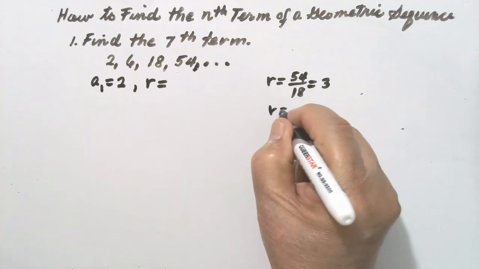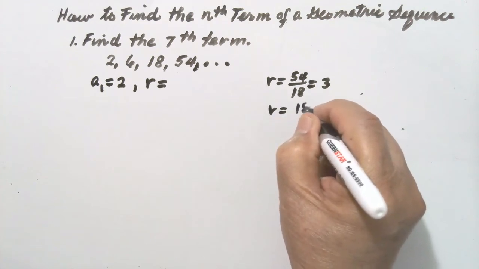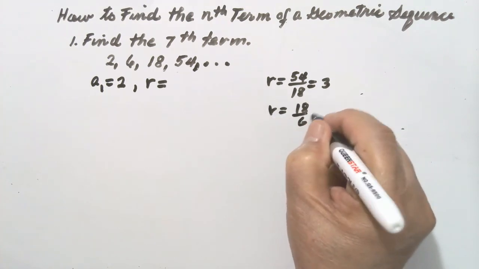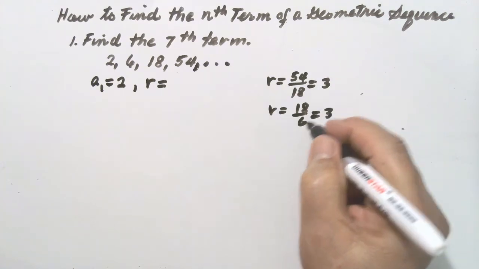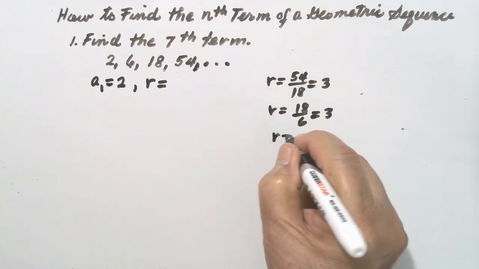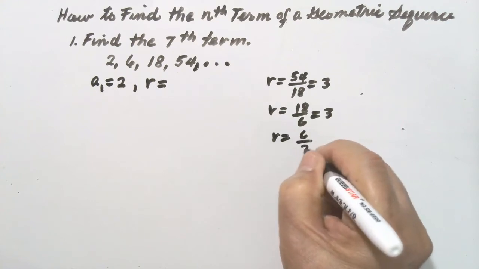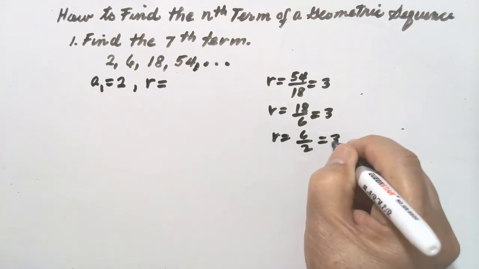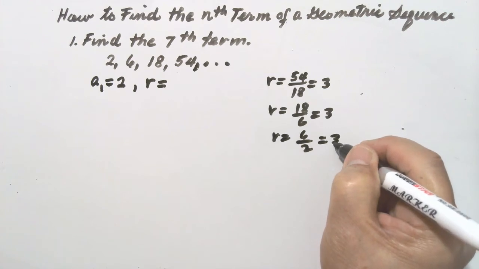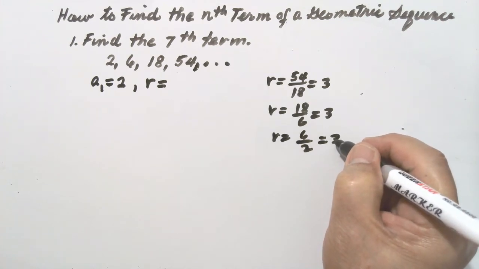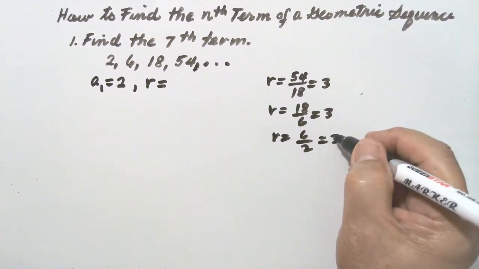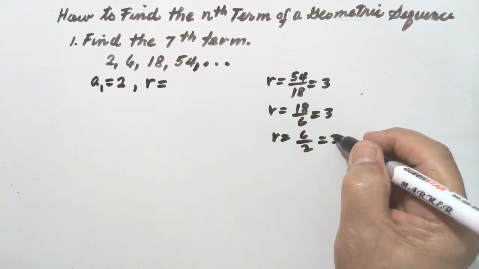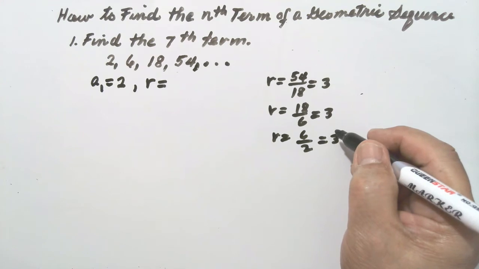Or 18 divided by 6 is 3. And 6 divided by 2 is also 3. The ratio here is 3, 3, 3. That is why it is called a common ratio.